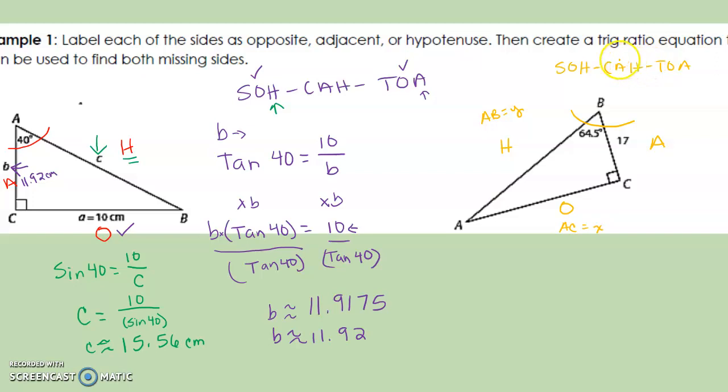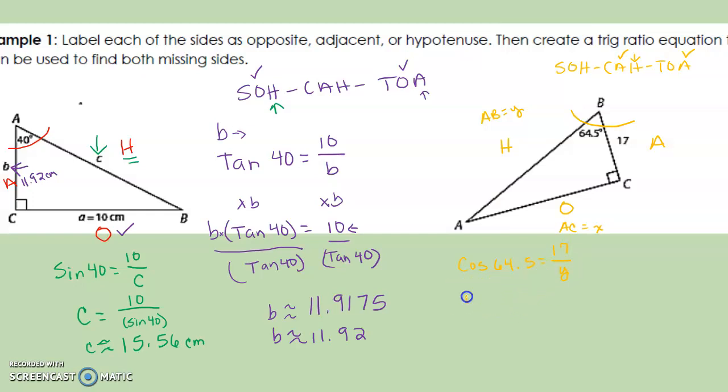Now, adjacent is in cosine and in tangent. I won't be using sine. So if I'm going to be looking for my hypotenuse, which is h, and I've got a and h in play, that's going to be cosine. So I'm going to do cosine of 64.5 equals adjacent, which is my 17, over y, which is what I've labeled my hypotenuse.